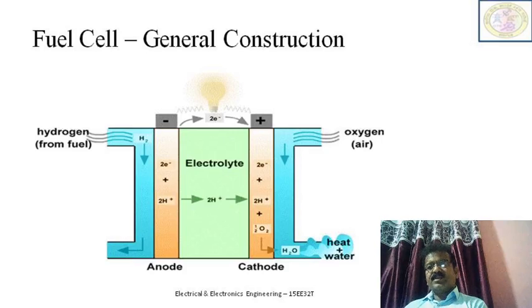The porous cathode is immersed in oxygen at a certain pressure, and the oxygen bubbles across the cathode side.